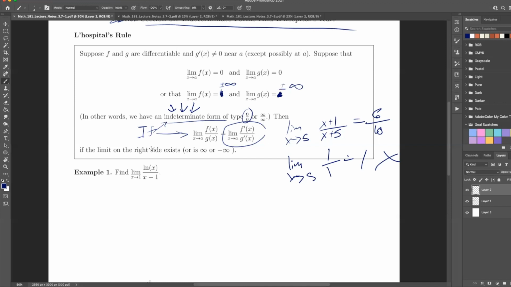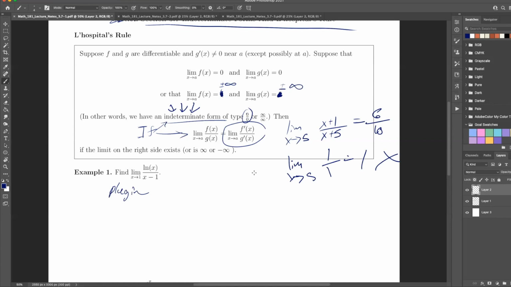So let's actually look at this in practice. Let's do a couple of these. Let's apply this. Let's take the limit and just try plugging it in.